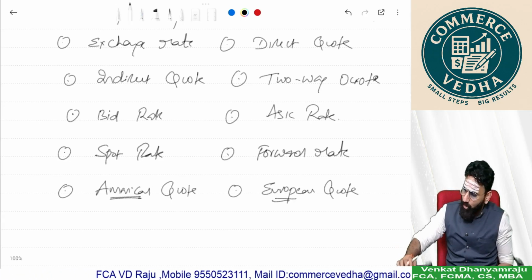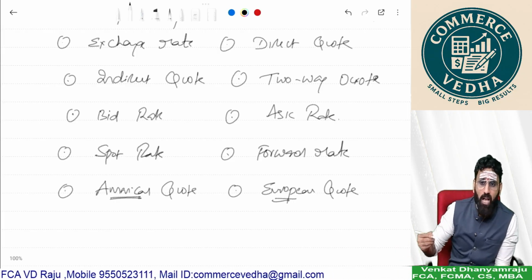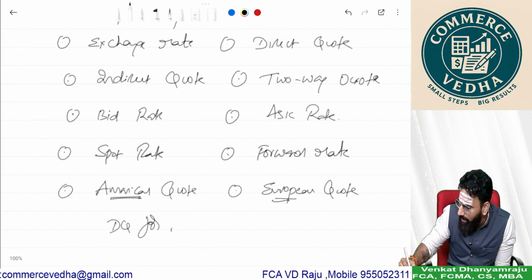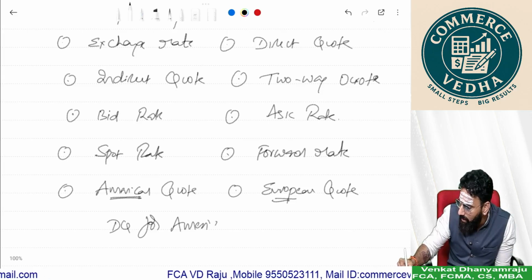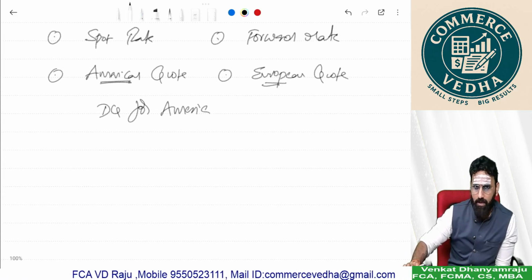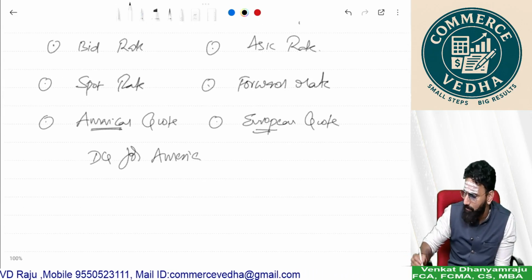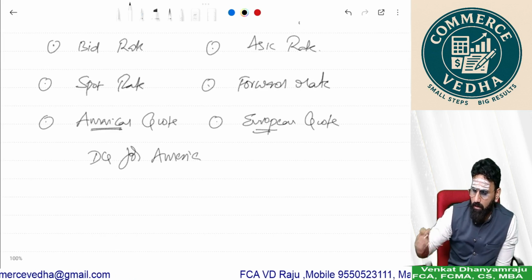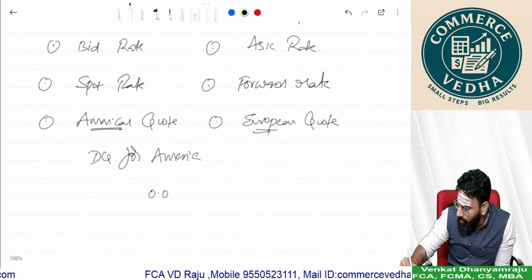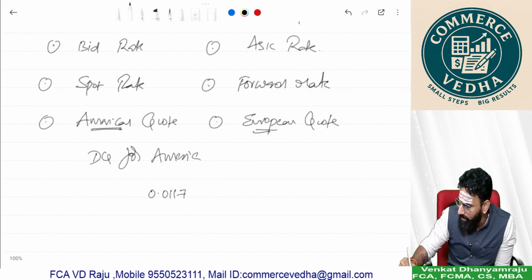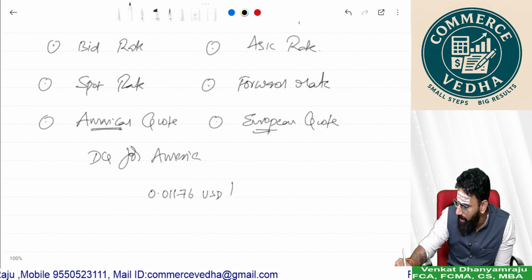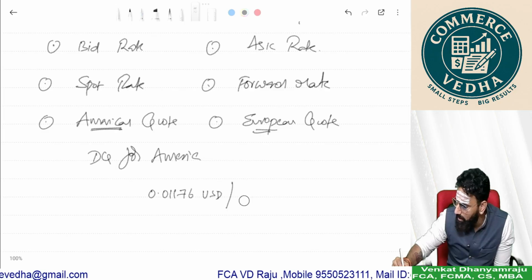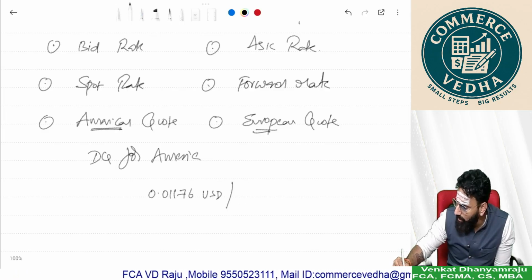What is an American quote here? An American quote is a direct quote for America. Say suppose I say $0.01176 USD per 1 rupee.